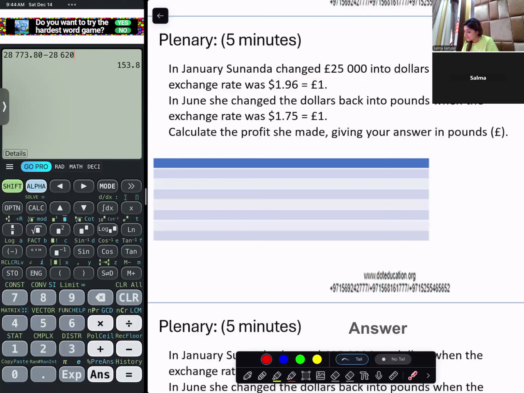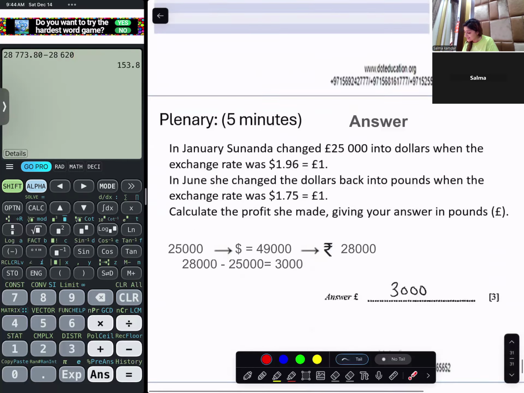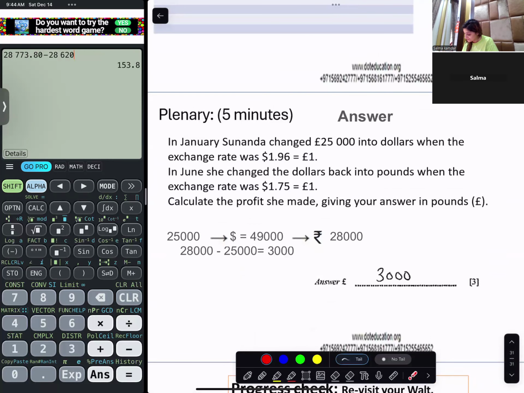For £1, I used to get $1.96. In June, I changed the dollars back into pounds when the exchange rate for every pound was $1.75. Calculate the profit that she made.